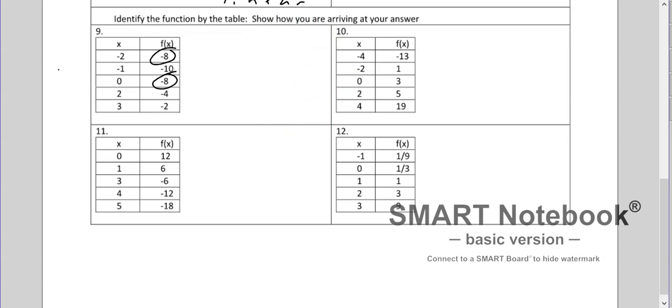But otherwise, let's look at the pattern of what we see here. Okay, with -8 to -10, it's going up +2. And -10 to -8, sorry, it's going down -2. My mistake. Then it's going up +2 and +2 and +2.